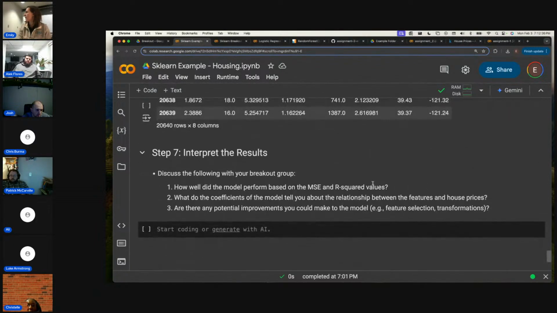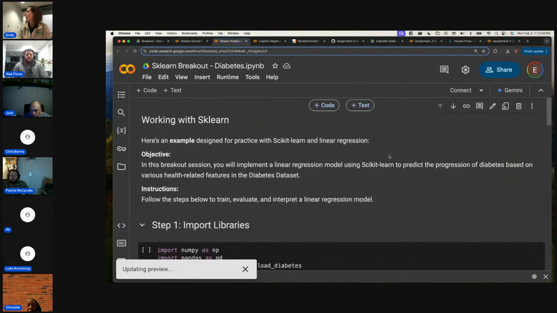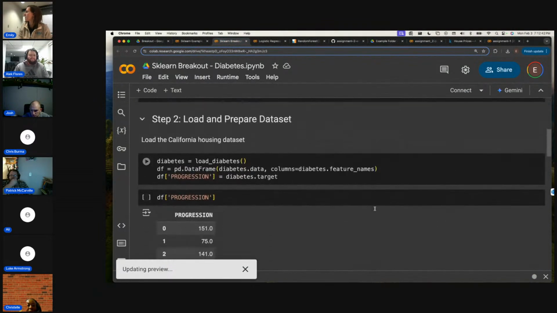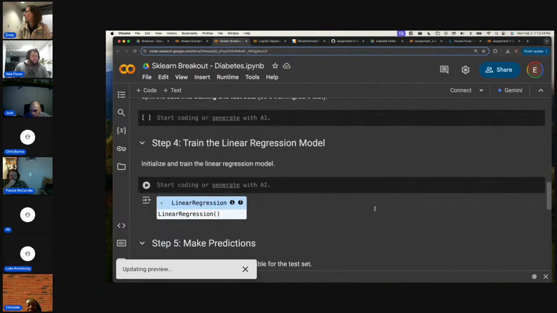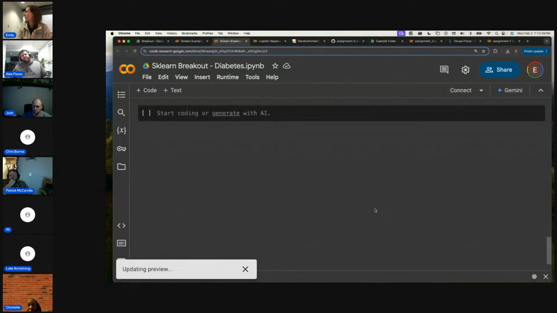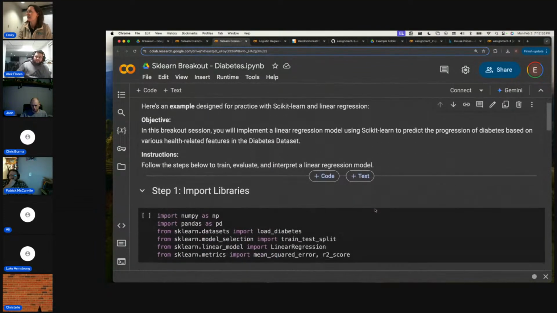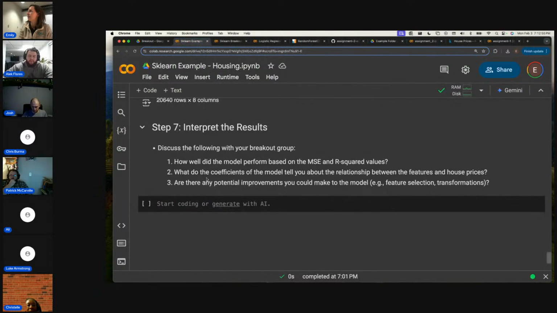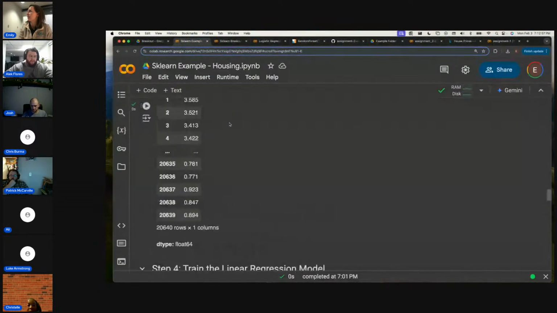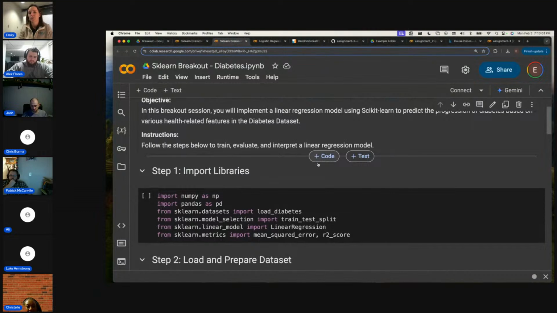We're going to take a break here. And I would like you guys to try this out. I would like you guys to try to work through this same thing in the sklearn breakout notebook.